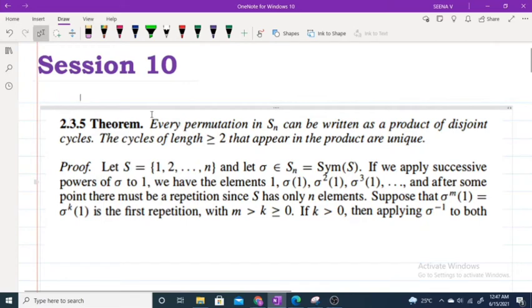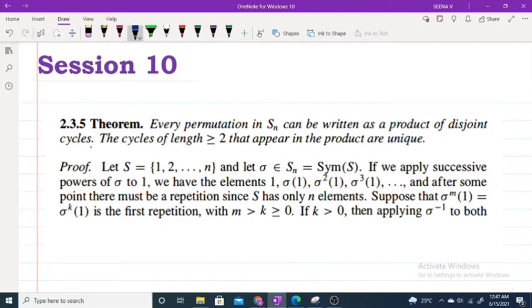This theorem says that every permutation in Sn can be written as a product of disjoint cycles. Once again, every permutation in Sn can be written as a product of disjoint cycles.